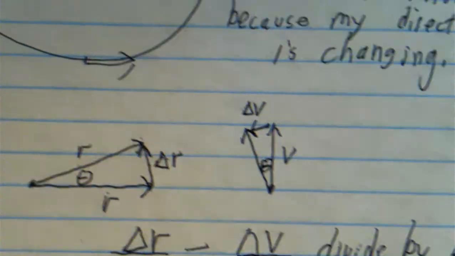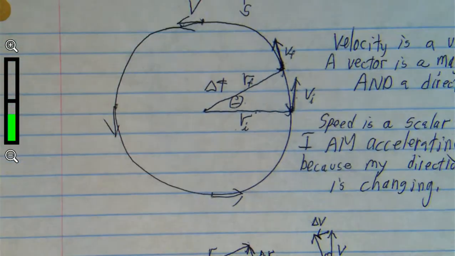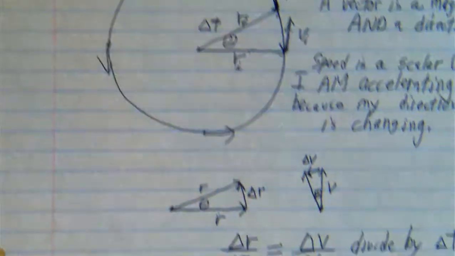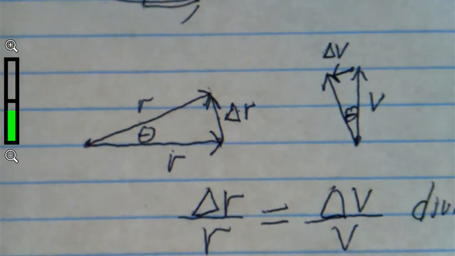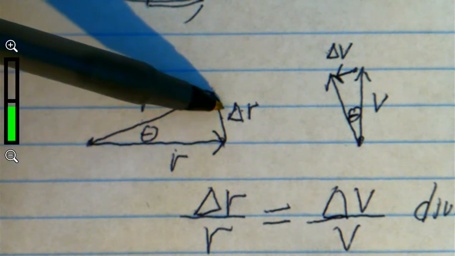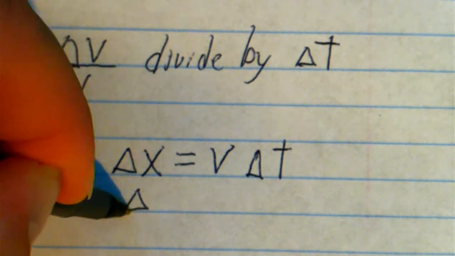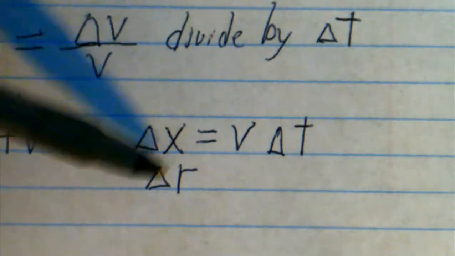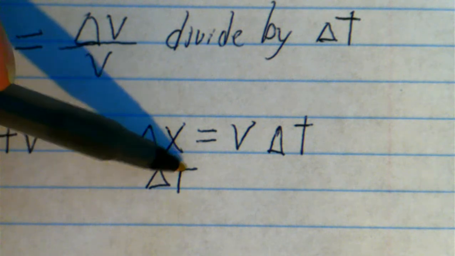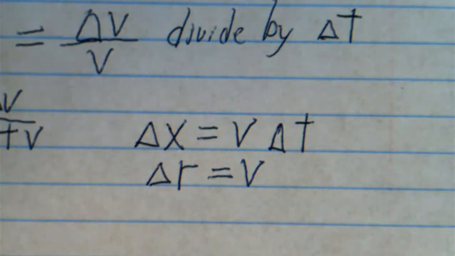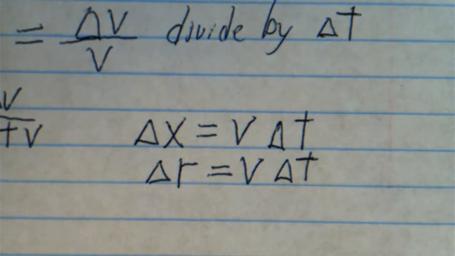In a circle, we could talk about how the circumference is 2 pi r, but we're going to zoom in and look at just a brief portion of the circle. This is a distance here, delta r. And that distance, delta r, the distance that you move along the circumference of the circle, really, is the product of your speed times the amount of time you're moving at that speed.